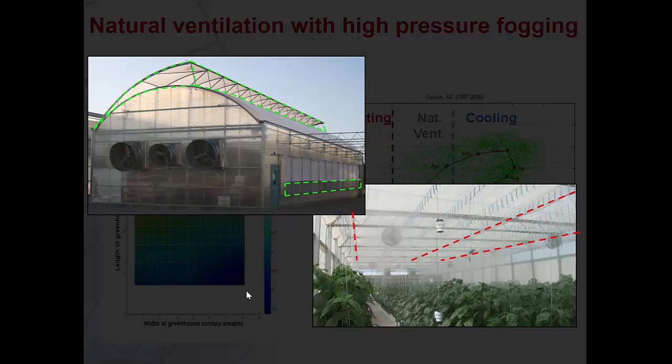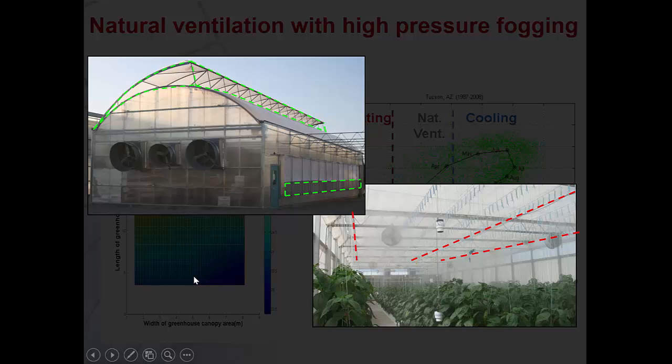However, the high pressure fogging system operates at a much higher pressure range, for instance 7 to 14 megapascal, or in other words 1000 to 2000 pounds per square inch, and with very low volume nozzles.